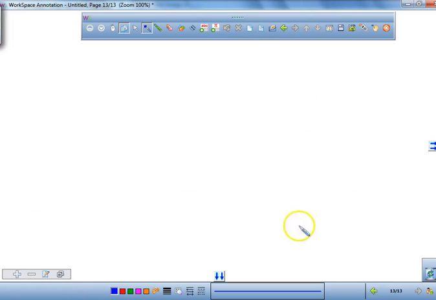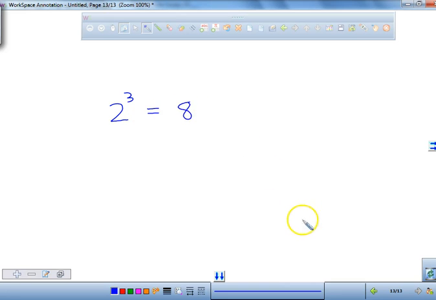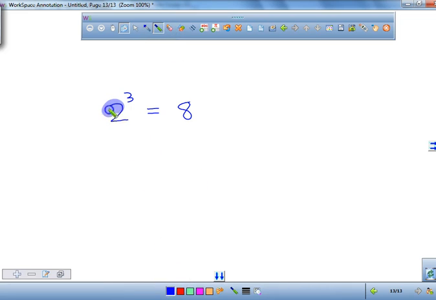Whenever you're learning something new, let's just start with something that you know. I want you guys to write 2 to the power of 3 equals 8. That's something you should know: 2 times 2 times 2 equals 8. Now, I'm going to highlight the 2 in one color, the 3 in a different color, and the 8 in another.